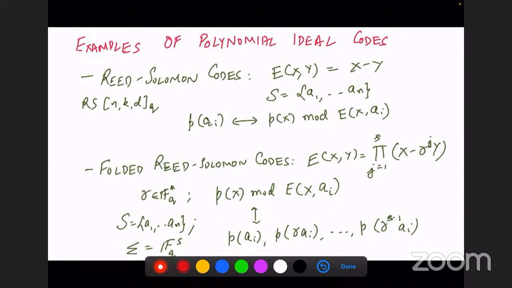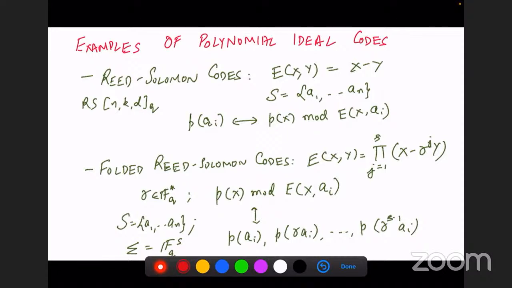And hence this is just an equivalent description of Reed-Solomon codes. And this way we can also define a different family of codes which are called folded Reed-Solomon codes, which are important for answering the questions we asked earlier. So these codes are defined by the bivariate ideal E(X,Y) given as the product of X minus gamma^j Y. So if you think about what folded Reed-Solomon codes are actually doing, well, they are just at each point of evaluation a_i, they are giving you the value P(a_i), P(gamma a_i), P(gamma squared a_i), all the way up to P(gamma^(s-1) a_i).